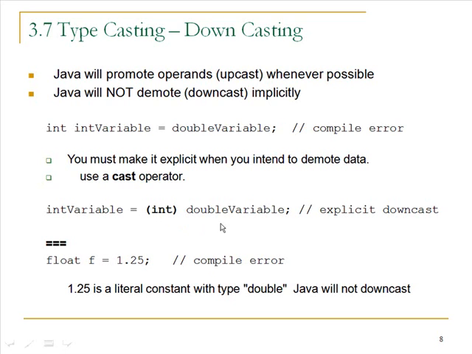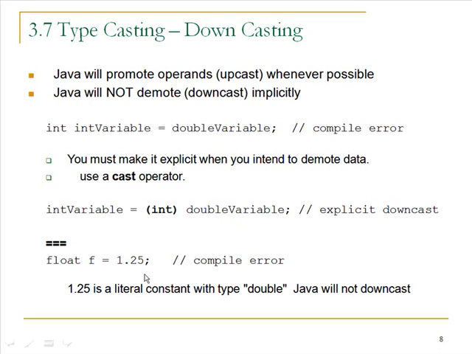For the purpose of evaluating this statement, the value that's in this variable is downcast to an int, and the result of that is assigned to the int variable. And a downcast is always a truncation. It's never a rounding. So if the double variable had 1.9, the int part of that is 1.